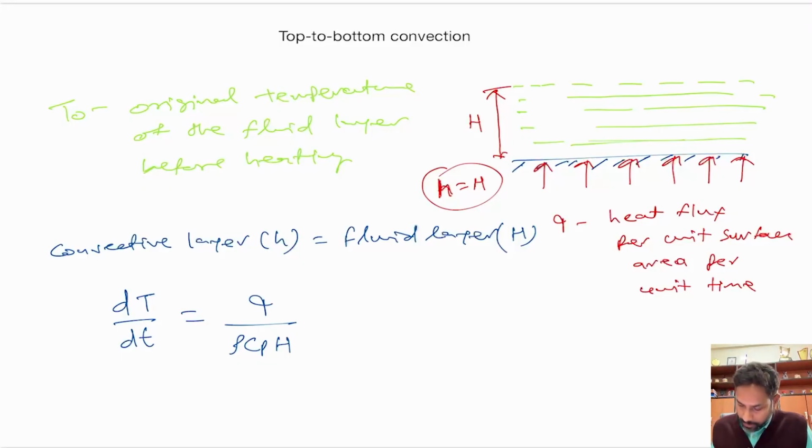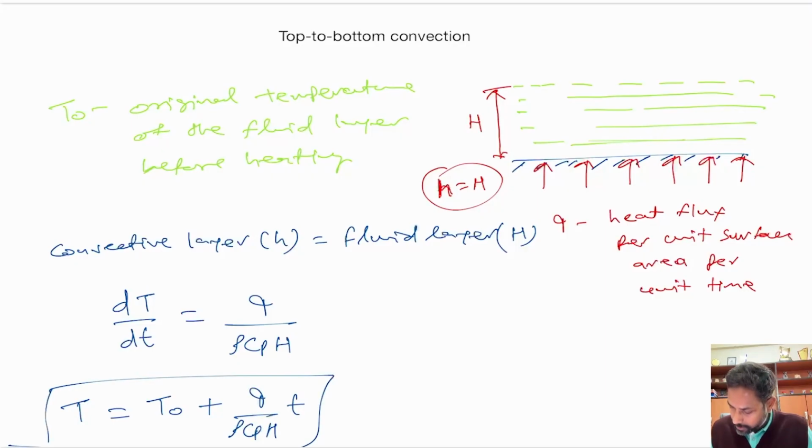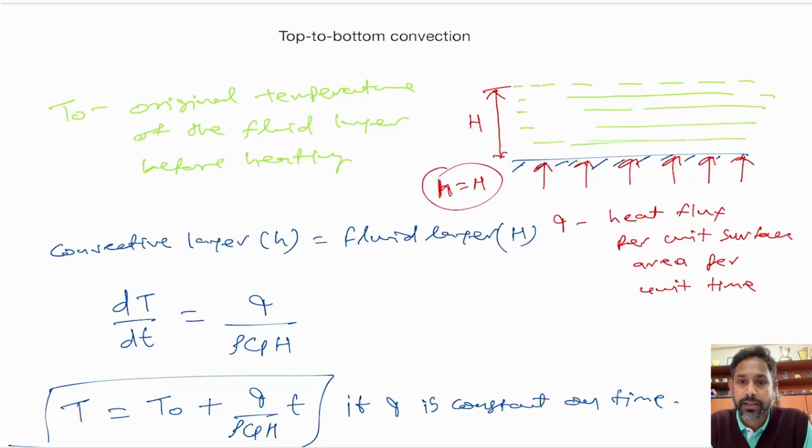Which, if you integrate it, can simply give you T equals T naught plus Q over rho Cp H times t, if Q is constant in time. Okay, if your rate of heat flux is constant. If it is not, then yes, we have to consider the time effect as well.